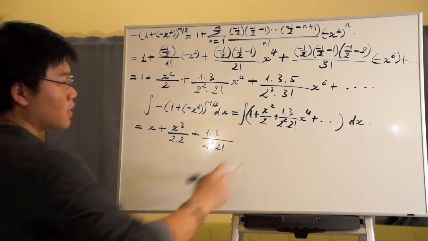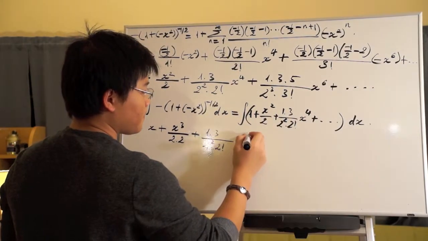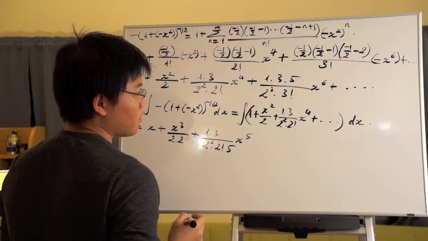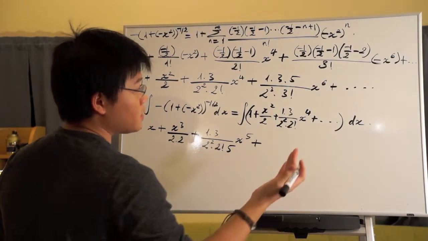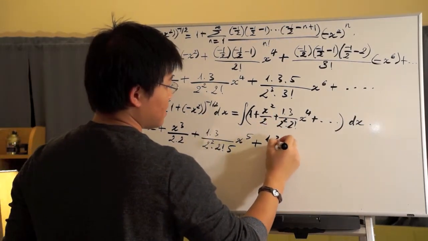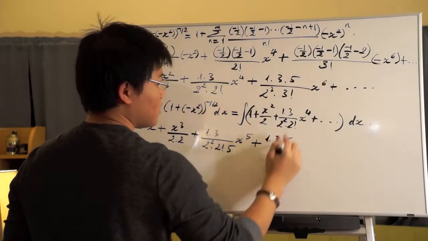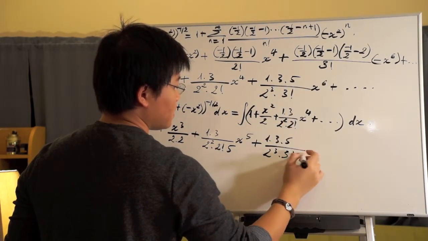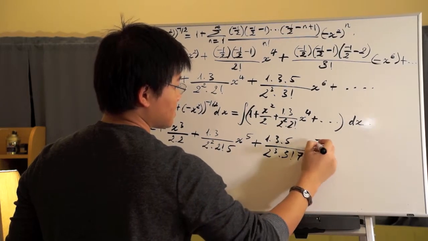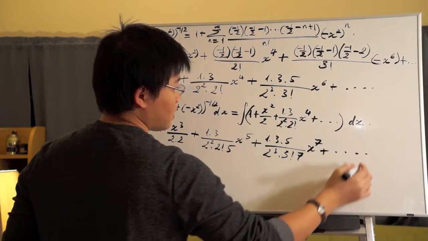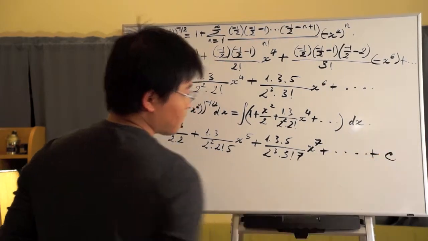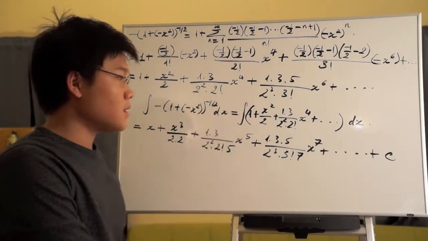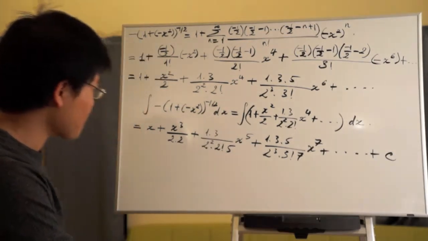Okay, x to the 5th, right? Over 5, so we can write 5 here. Okay, all right. We can do one more term, which is 1 times 3 times 5 here, right, 2 here, times 3 factorial times 7, x to the 7. Okay. Plus c. Right? Because there are no endpoints, that's why we're going to add a constant c.